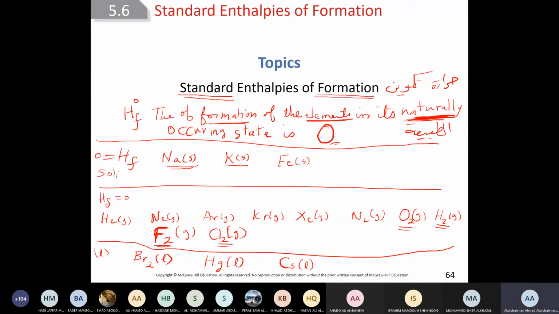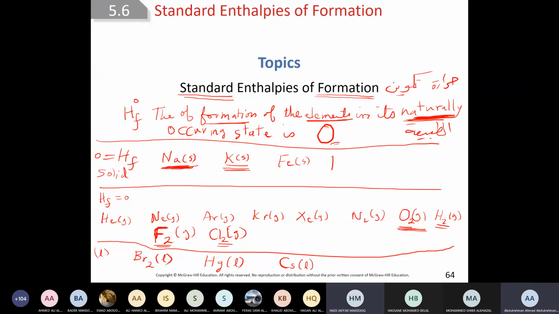If you have an element in solid form, then what's delta H? What is the delta H of formation of solid sodium? 0. Delta H for solid potassium? 0. What about O2 gas? 0 also.